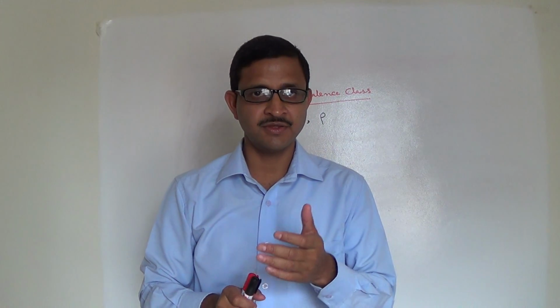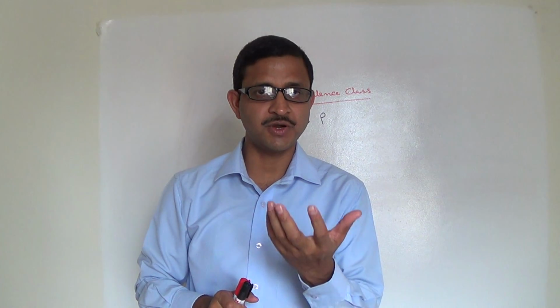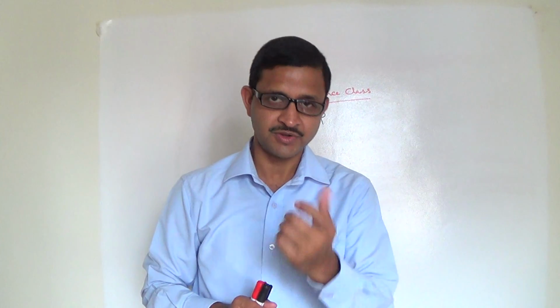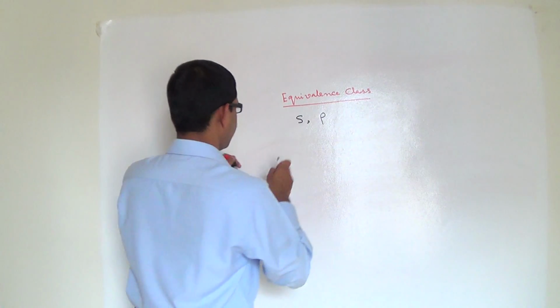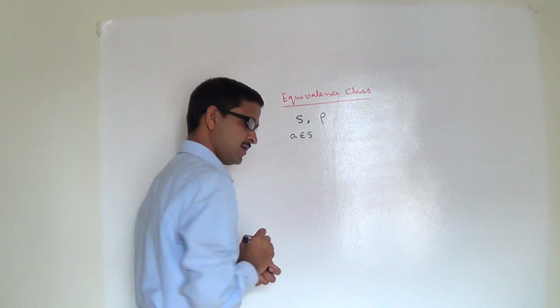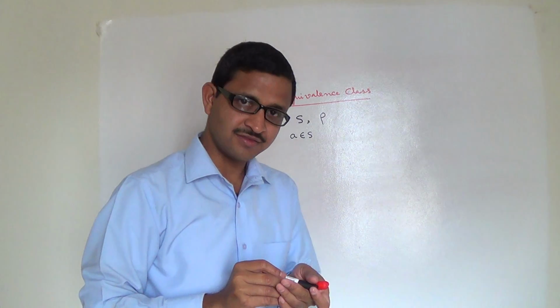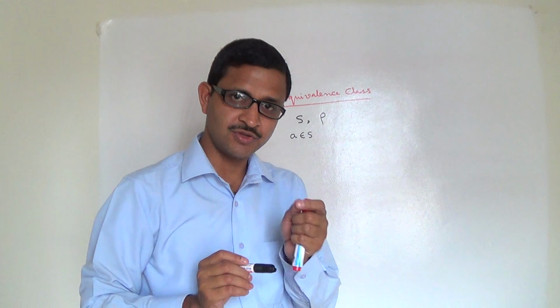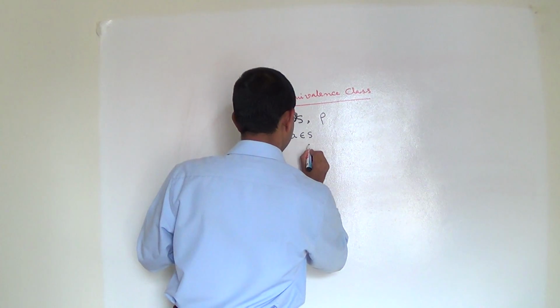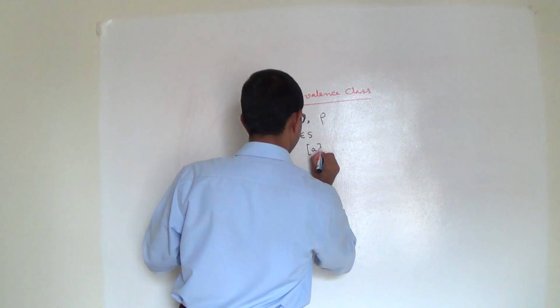Then an equivalence class corresponds to an element in the set S. Let us take an element A belongs to S. The equivalence class is related to the element A, and it is denoted by the symbol [A].